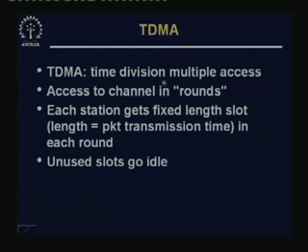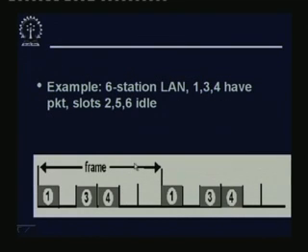So, TDMA is time division multiple access to channel in rounds. Each station gets fixed length slots, length equal to packet transmission time in each round. Unused slots go idle. This is the simple scheme. So, for example, suppose you have a 6 station LAN; stations 1, 3, 4 have packets and slots 2, 5 and 6 are idle.